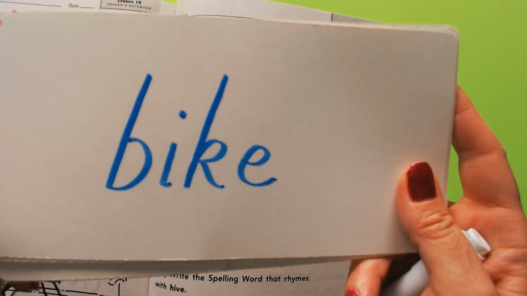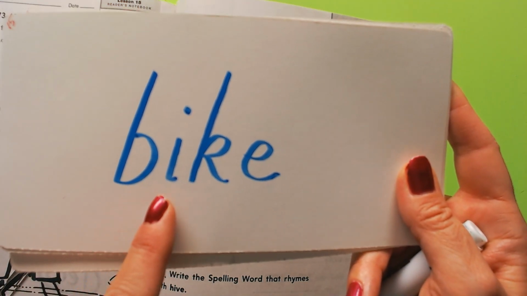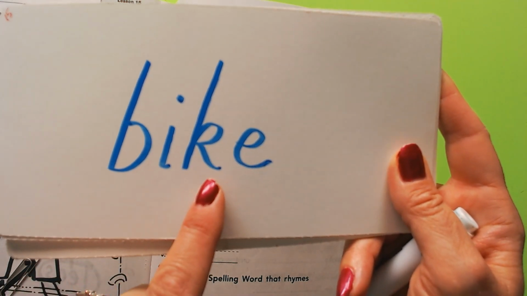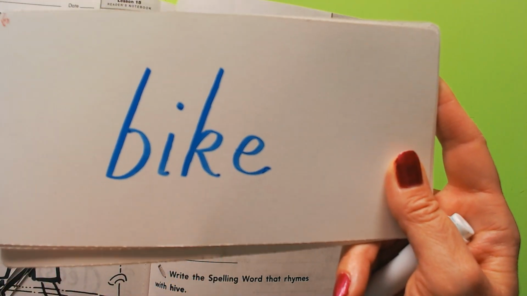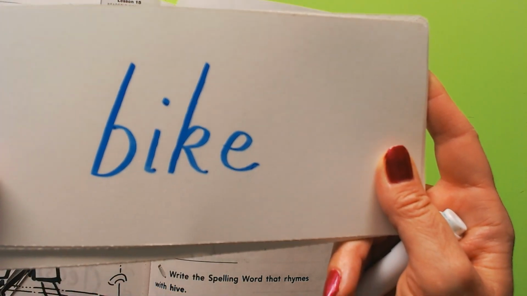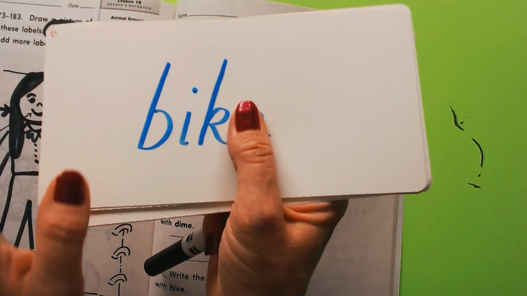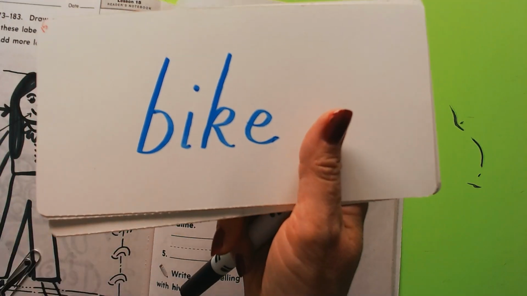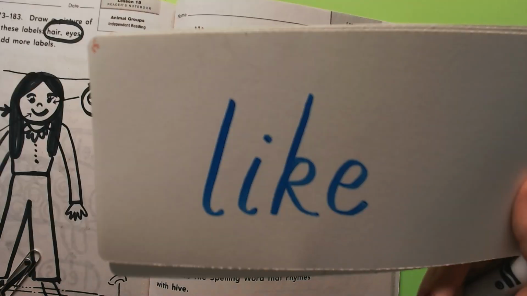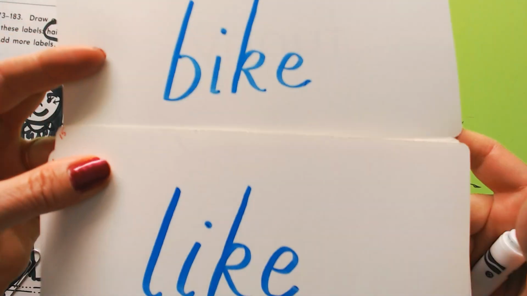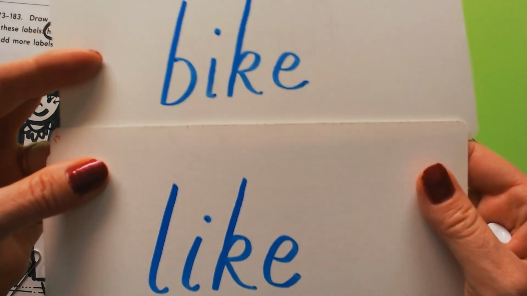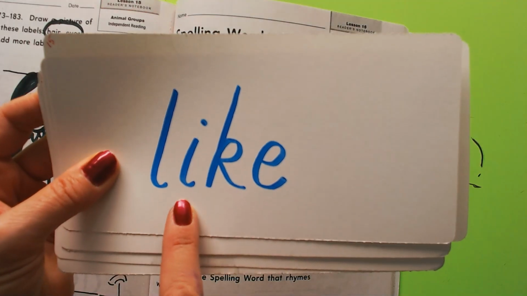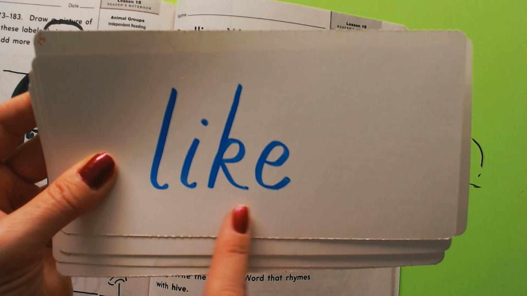This one says, let's see, you read it. Did you say bike? Good job. Remember when you're spelling it to write b-ike. And don't forget the E. If you do, you get the whole word wrong. Oh, this one rhymes with bike. It says like.